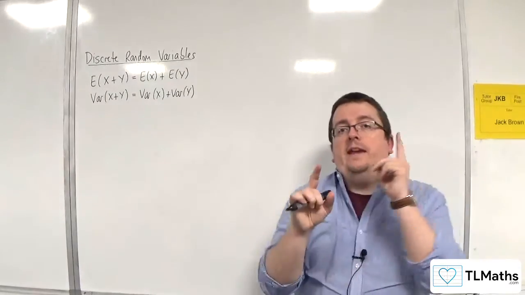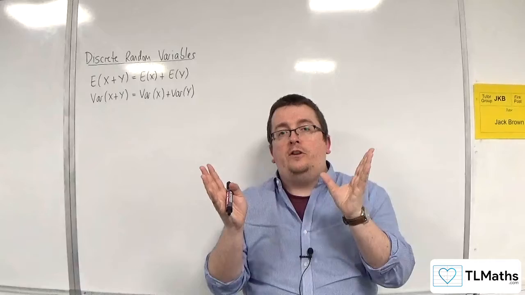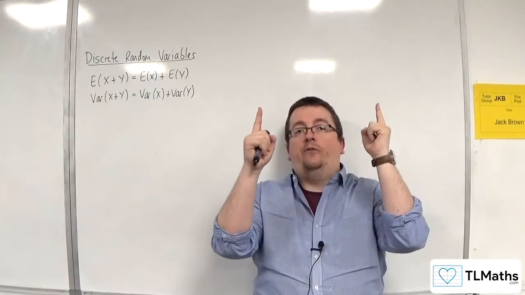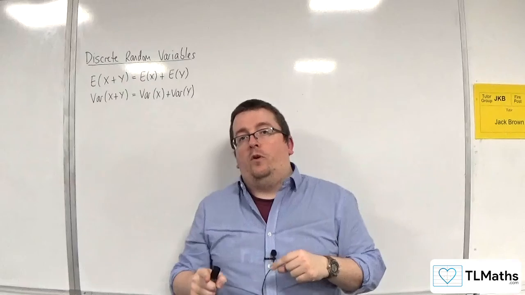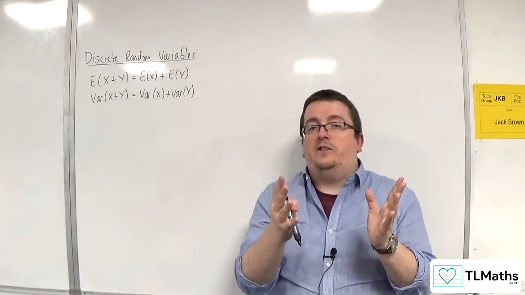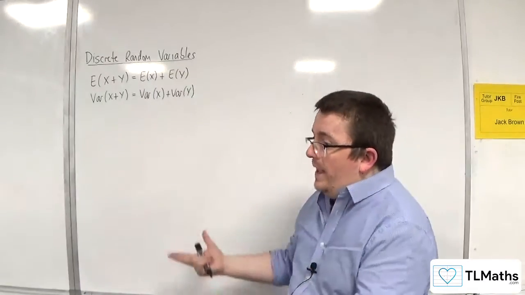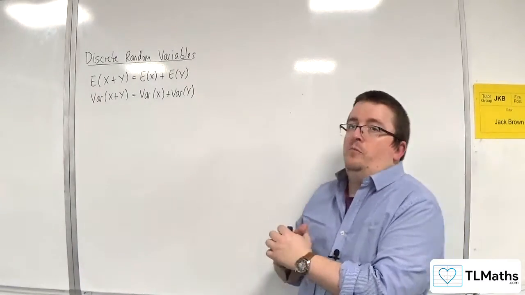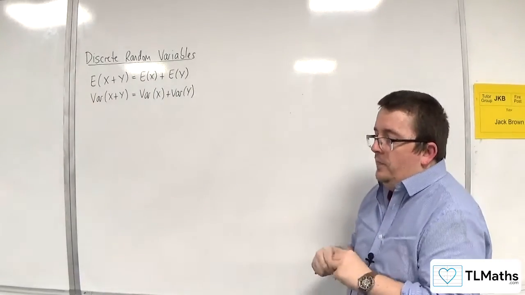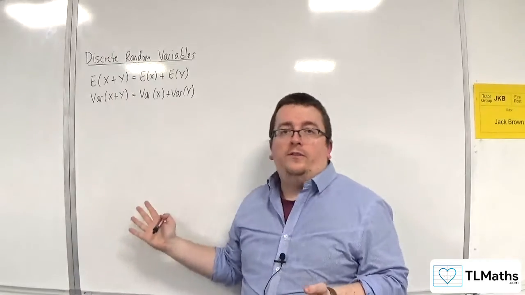So what we did was we had a table, a sample space essentially, that you could build up with all of the r values for x along the top, all the r values for y along the bottom, and then we could work out the values inside when we added the two x's and y's together. And then we had to build the probability distribution from that. Okay? Now, in order to work out the probabilities, we multiplied the probabilities of x and y together.